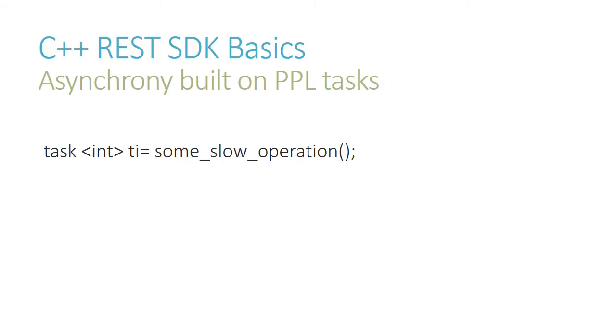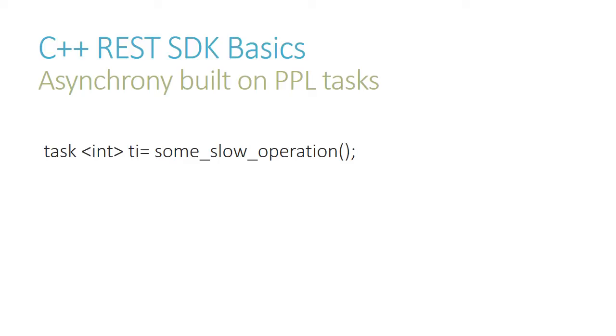The way asynchrony is represented in the C++ REST SDK is through PPL tasks. Tasks are placeholders for data that will eventually be available. In this case, for example, we can imagine an operation that takes a long time to complete and produces an integer at the end. We have a task of int as a result of this function.